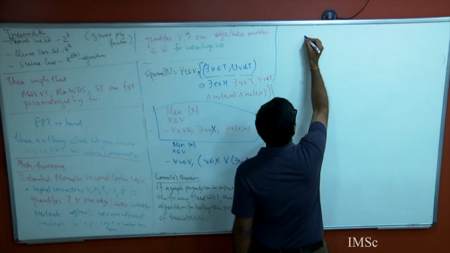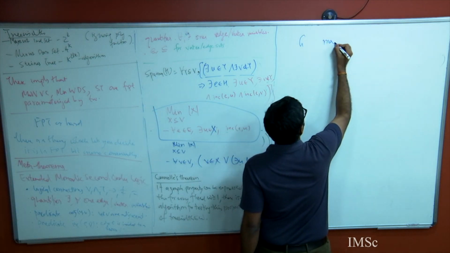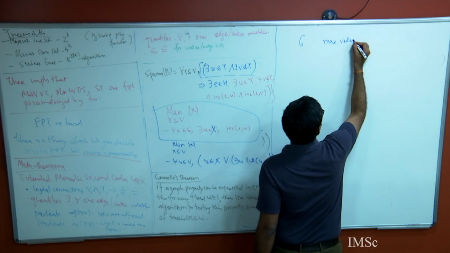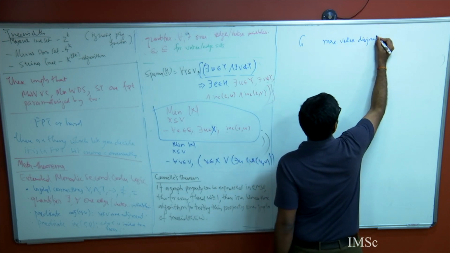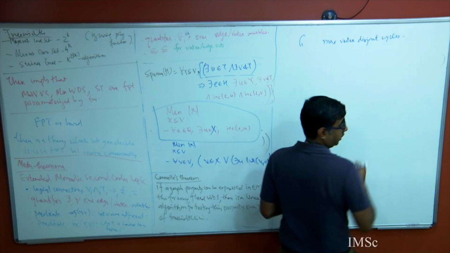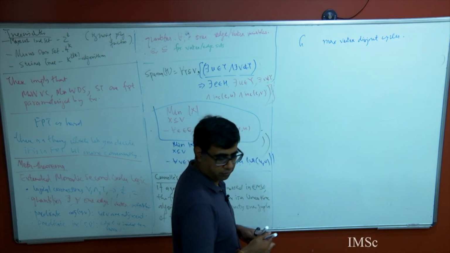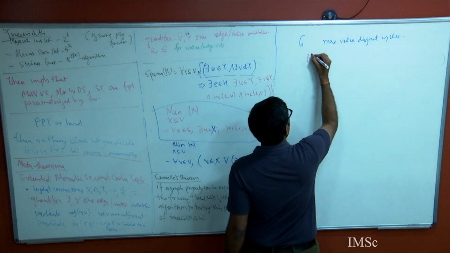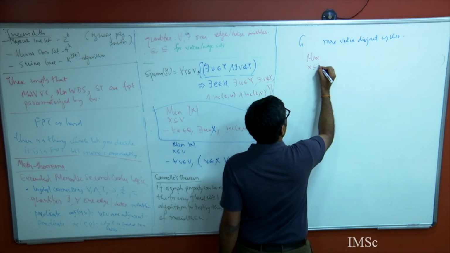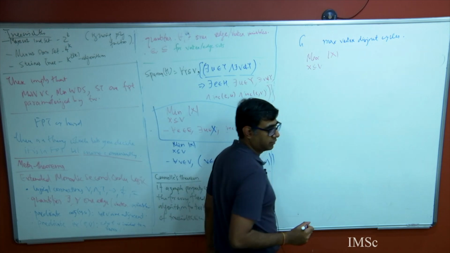So what I want to write: I have a graph G, I want to write maximum vertex disjoint cycles. Okay. So how will I do it? Here's a small trick which you can do. You do max X subset of V for cardinality.